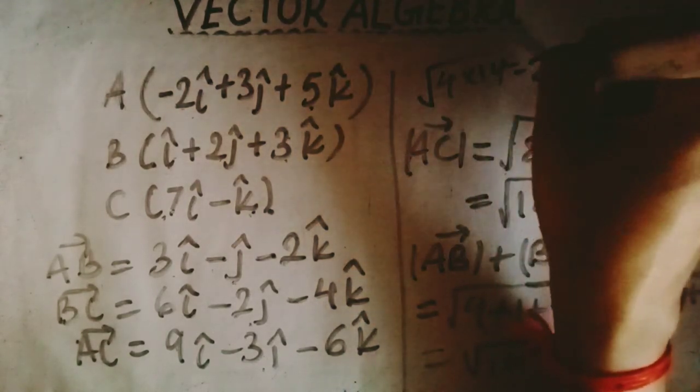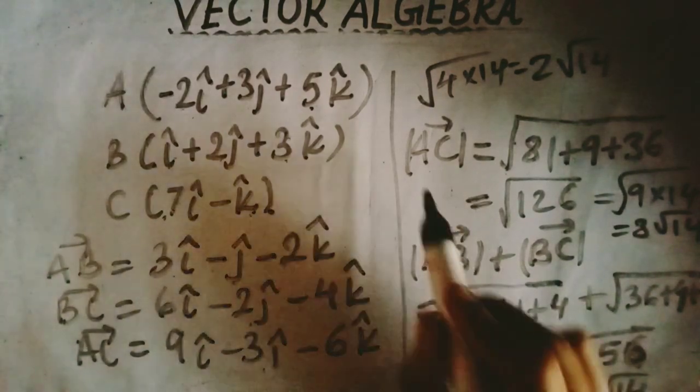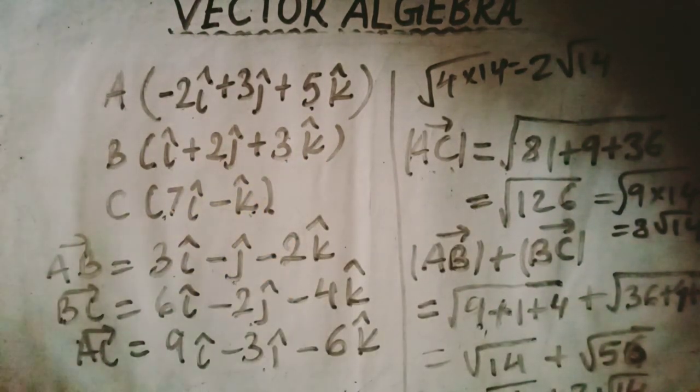So this is 2 root 14. So this will be root 14 plus 2 root 14, which is same as 3 root 14. So it is same as AC. So points A, B, C are collinear. Okay.